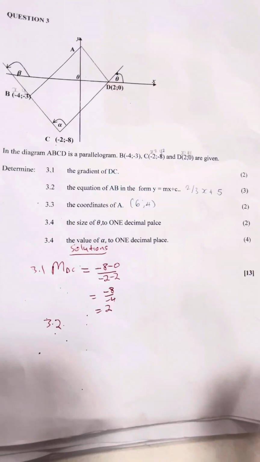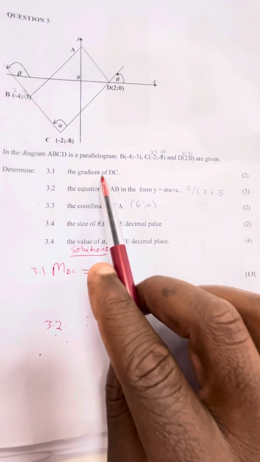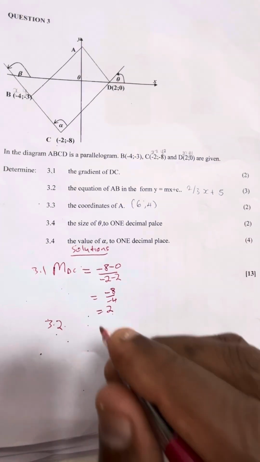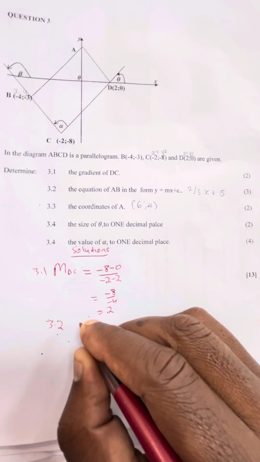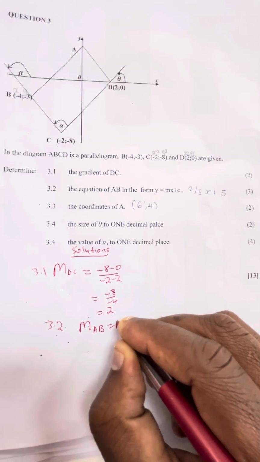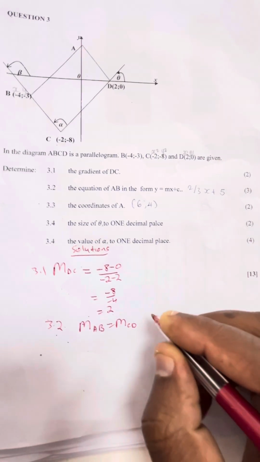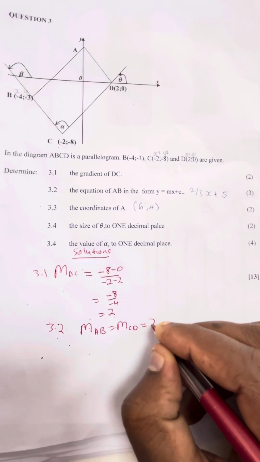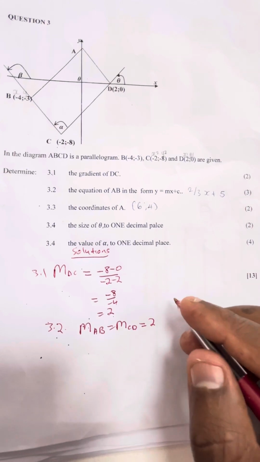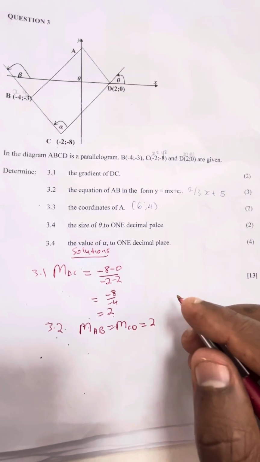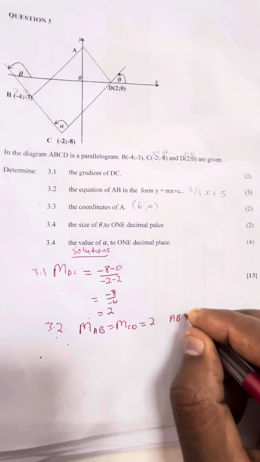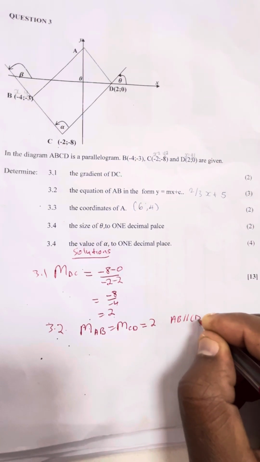Therefore, since the gradient of DC is equal to 2, you can say the gradient of AB is equal to the gradient of CD, which is equal to 2, because ABCD is a parallelogram. Therefore, AB is parallel to CD.